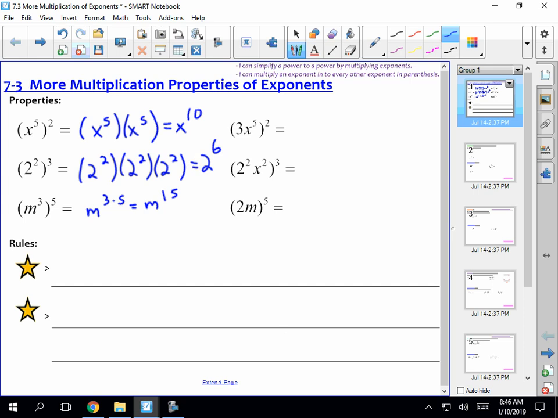Here's how it works when there's a number in there with the letter. Okay, so watch this carefully. This is a spot where a lot of students at any level, and I'm not just talking about Algebra 1, but at any level of high school math, make a mistake: you have to apply that second power to the 3 as well as to the variable x.